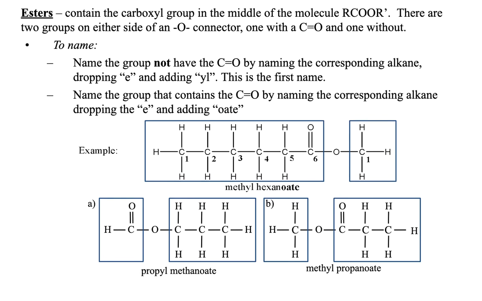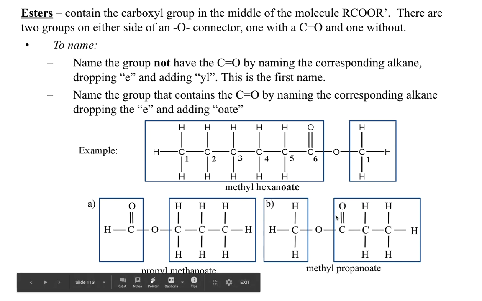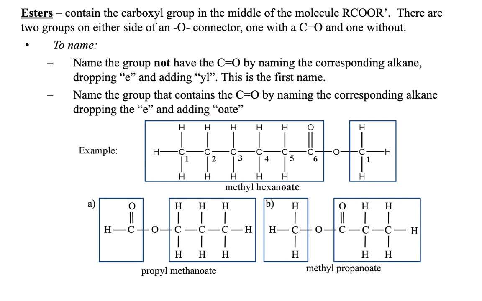So the molecular formula of both of these is C4H8O2. All right. What do we call something that has a different structure but the same molecular formula? That's right. They're called isomers.